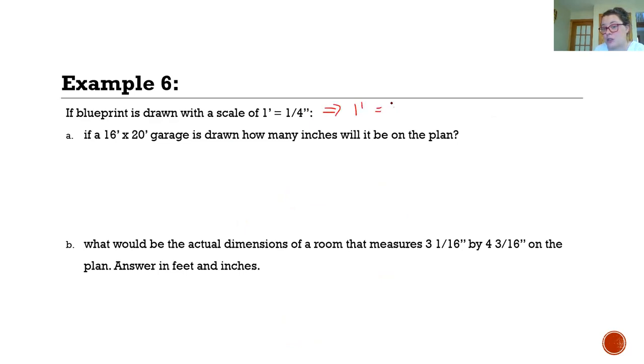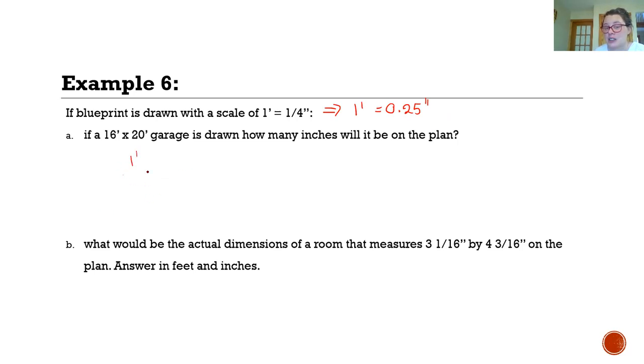So 1 foot equals 0.25 inches. I find it easier to work with decimals in your calculator. I know we did all that fraction stuff. The fraction stuff appeases everybody else. We do need to know how to use fractions. But there are times when it's easier to go to the decimal and then switch back. And this is one of those times.